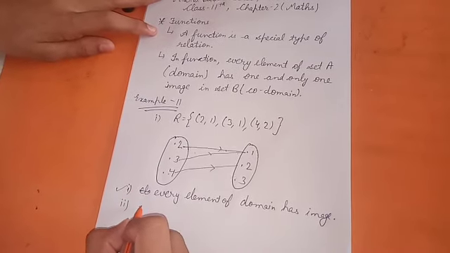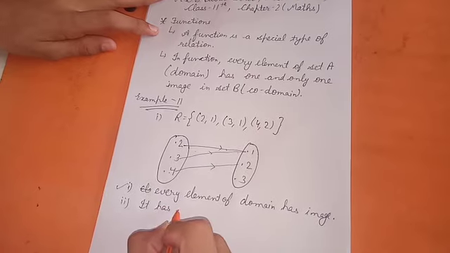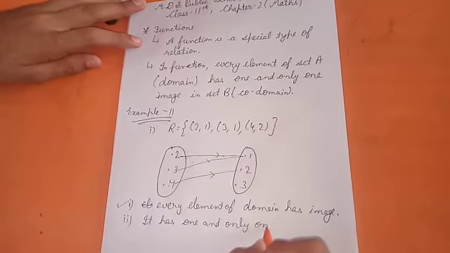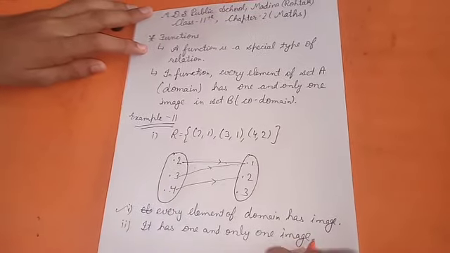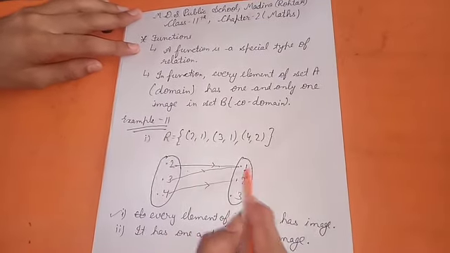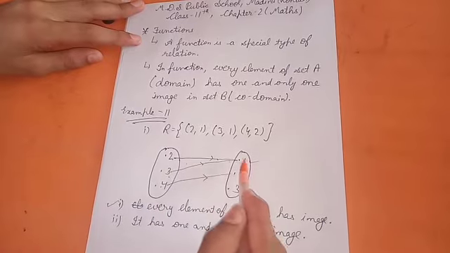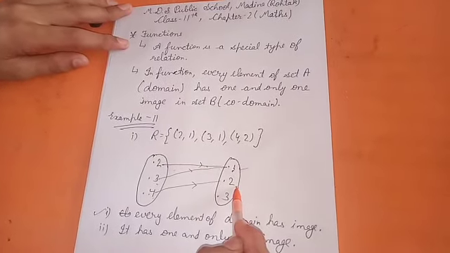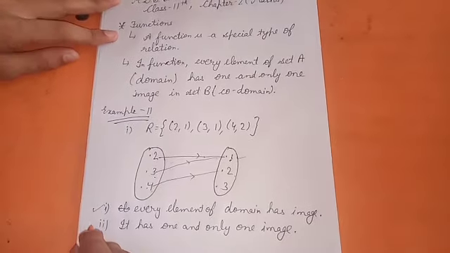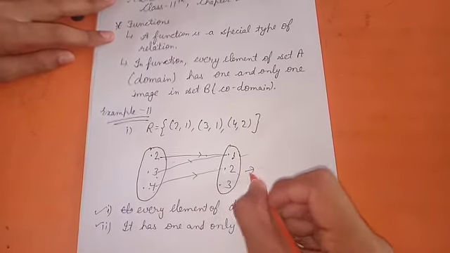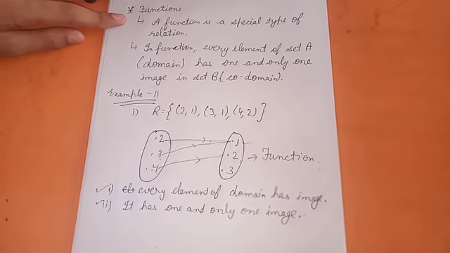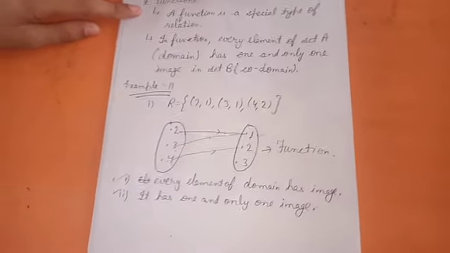Second, it has one and only one image. So you can check, image of 2 is 1, image of 3 is 1, image of 4 is 2. Now none of them has two images, so this point is also true. So therefore we can say that it is a function. Okay, understood?